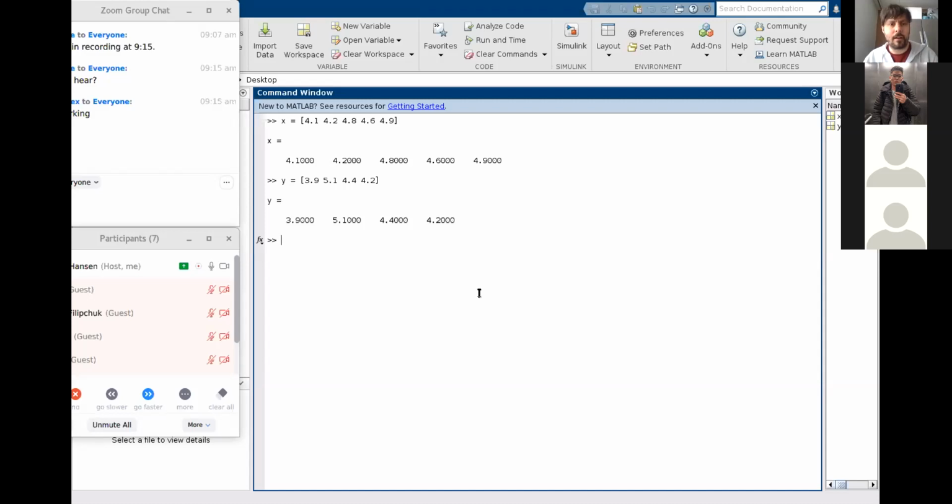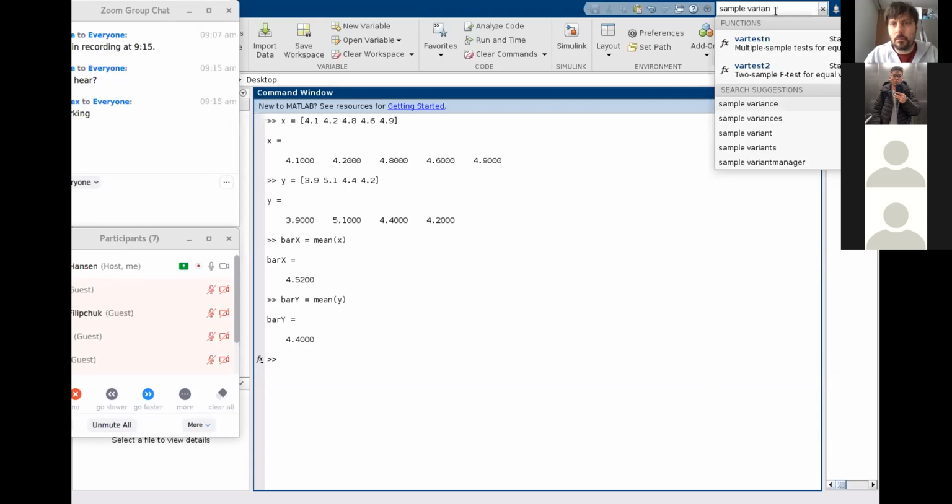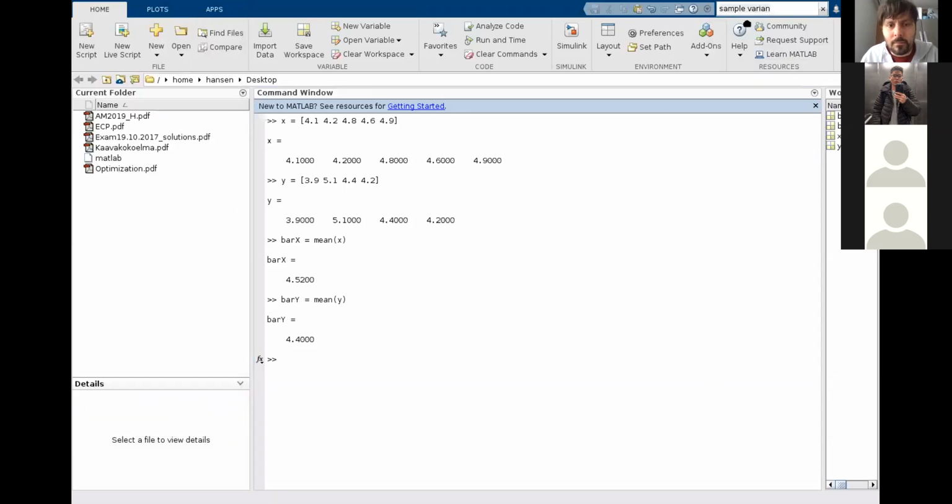And of course, we have the sample mean for X, and I'm going to have bar Y as the mean of Y, the sample mean for Y. I'll have to check the help for what's the variance.